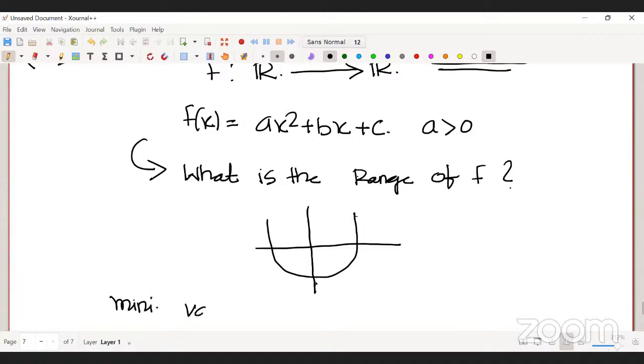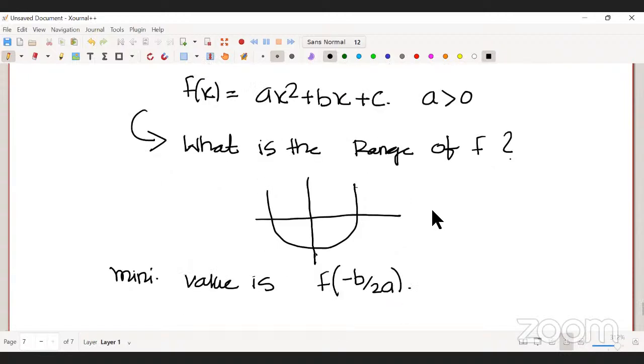The minimum value is f of minus b by 2a, right? This is the minimum value of the parabola. This is the minimum value that a parabola can take of this form where a is greater than 0.